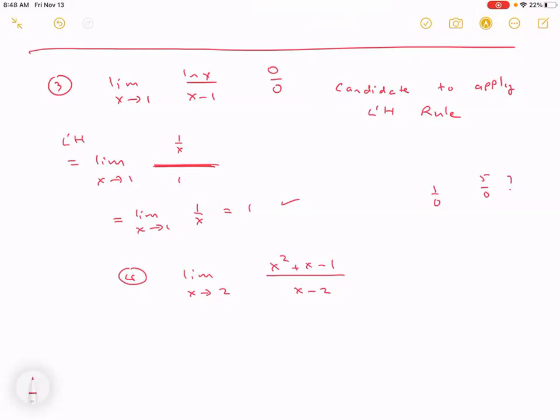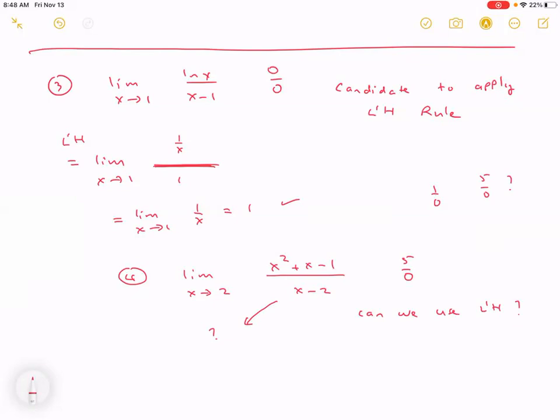If you plug in 2 for x, what do you get? 4 plus 2 is 6, 5 over 0. Can you use L'Hopital's rule here? Well, think about the limit of this function without applying L'Hopital's rule. The function is not defined at 2, right?